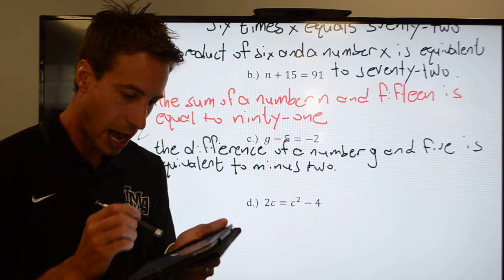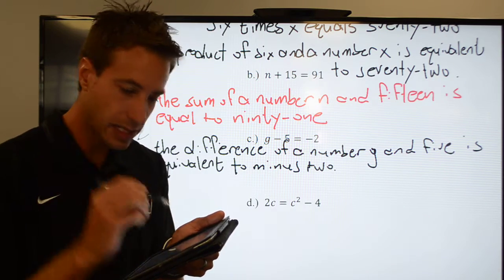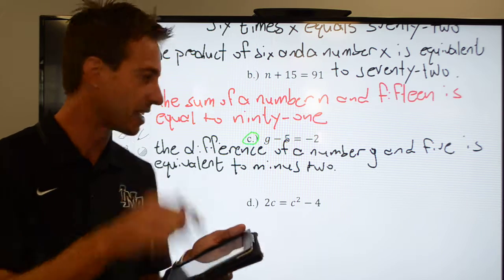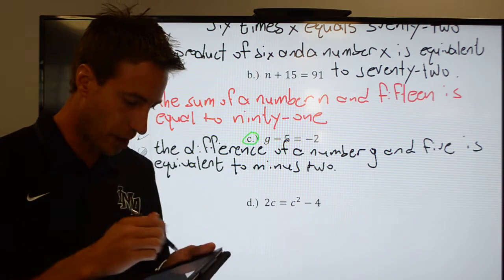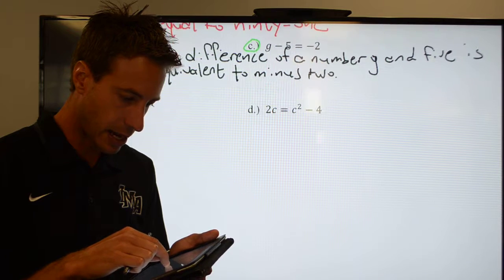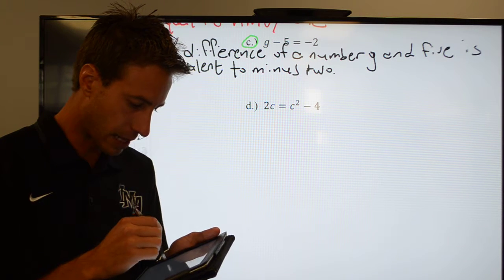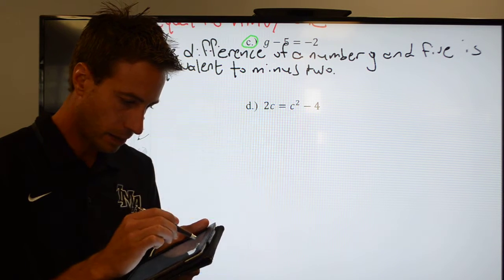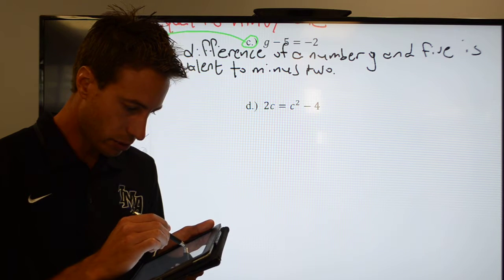So let me go ahead and do this one in green. Same problem, we're still doing this one because I ran out of space. I'm just going to drop down a little bit. Let me slide this up, and here we go. Draw a little arrow.